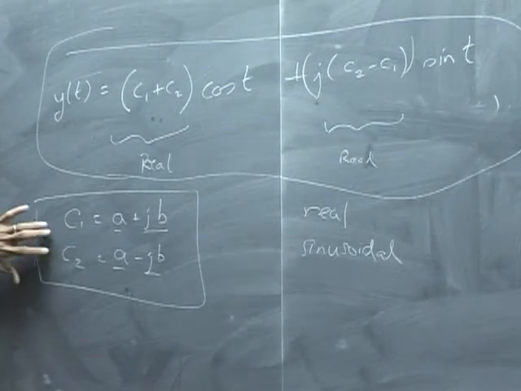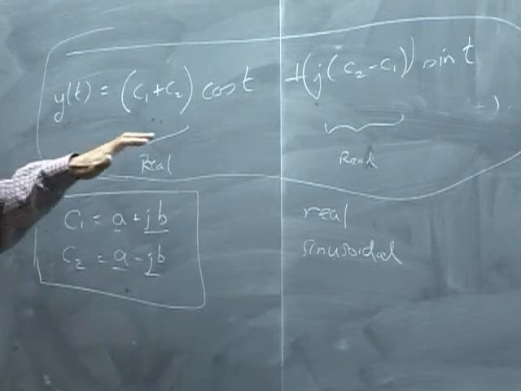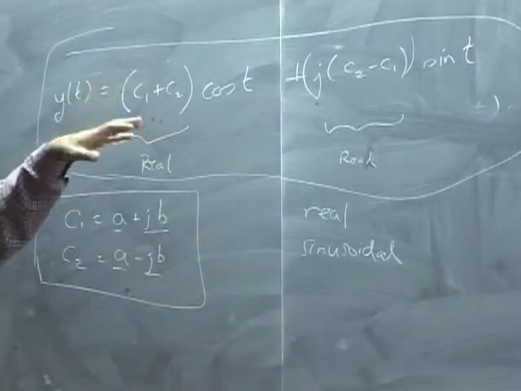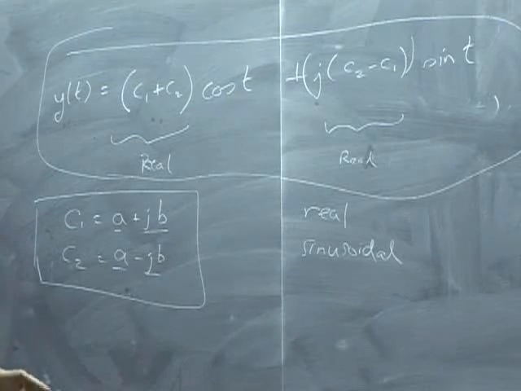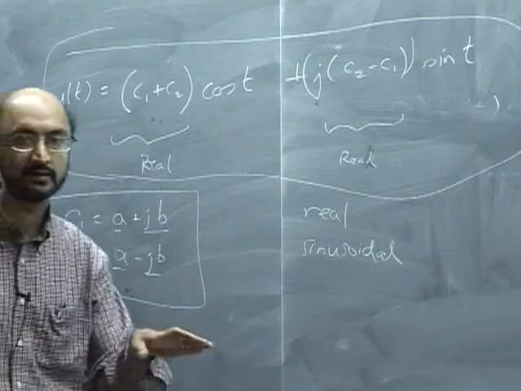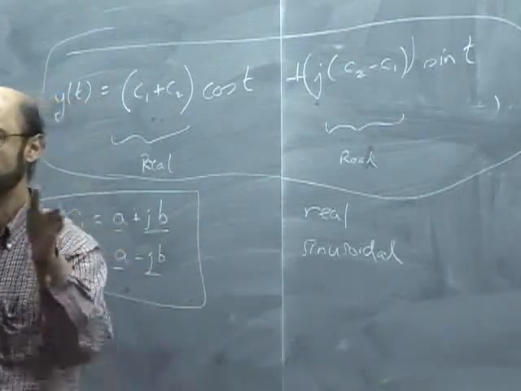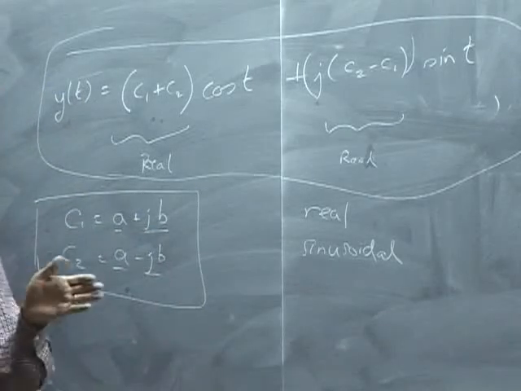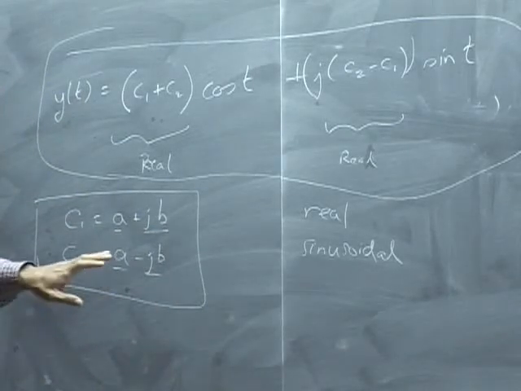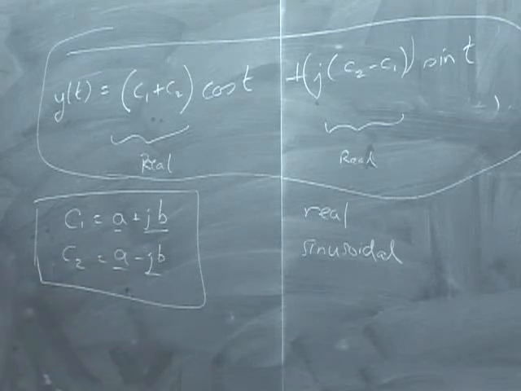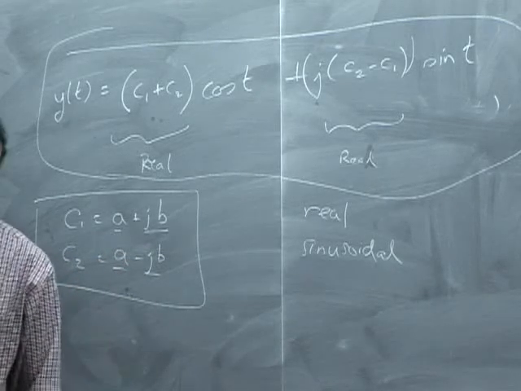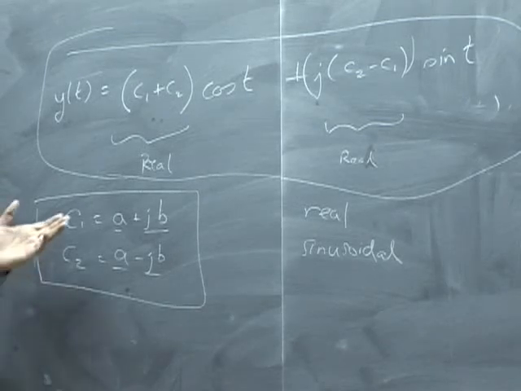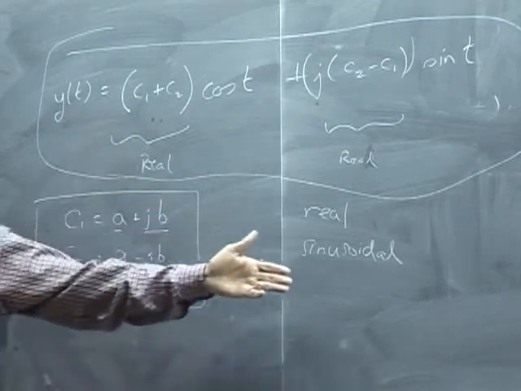Once you put the C1 and C2 in this form, the j's go away, and what we get is an oscillatory response. You kick the system hard at 0, and it's just going to vibrate with a pure oscillatory response, and it isn't decaying. There's no decaying component to it. It's just real sinusoidal.